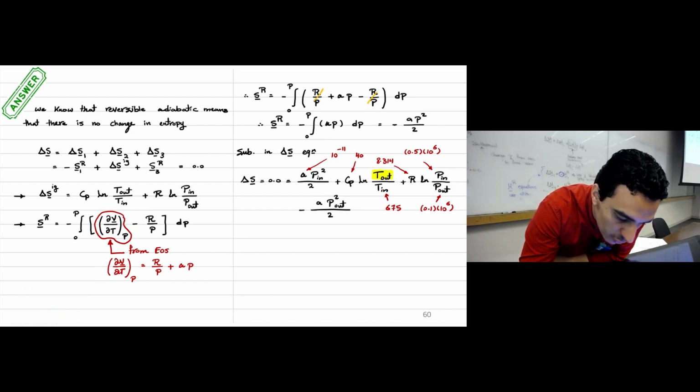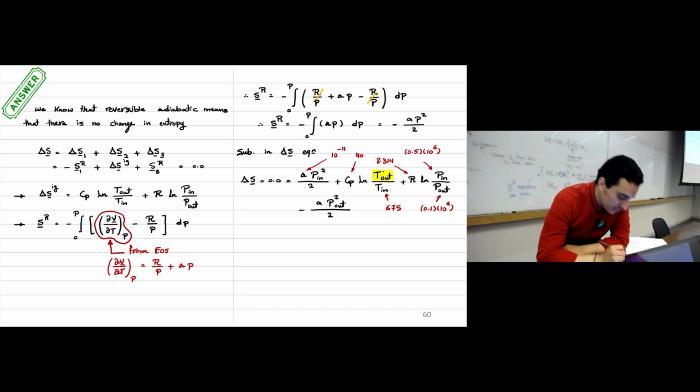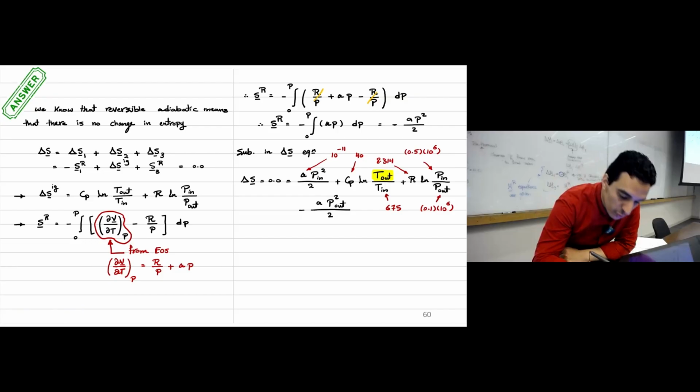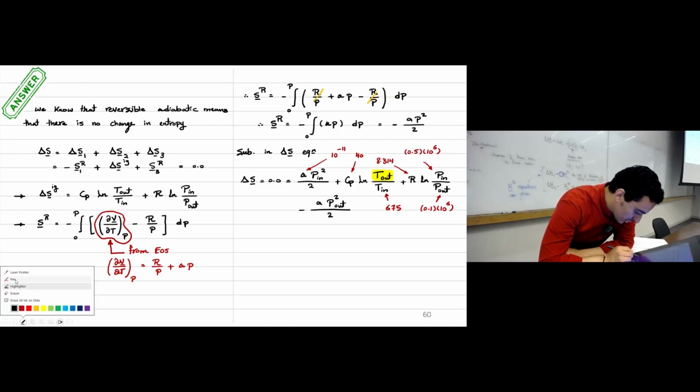So this is our only unknown. All the other parameters in this equation are known. So we have just one equation in a single unknown variable, and you can solve this equation.